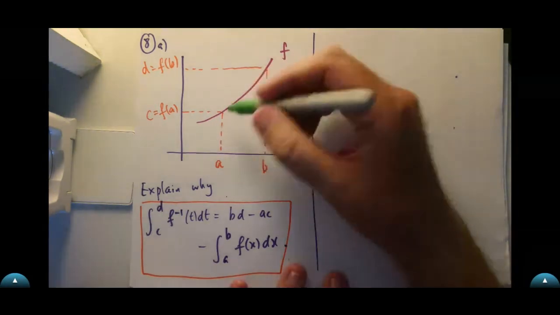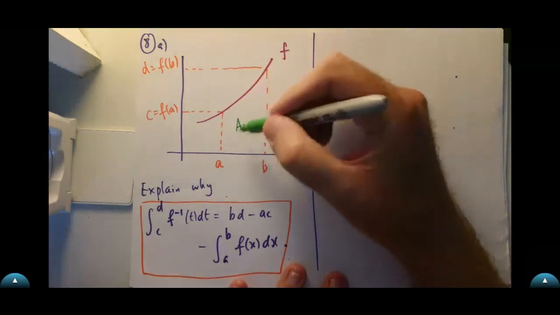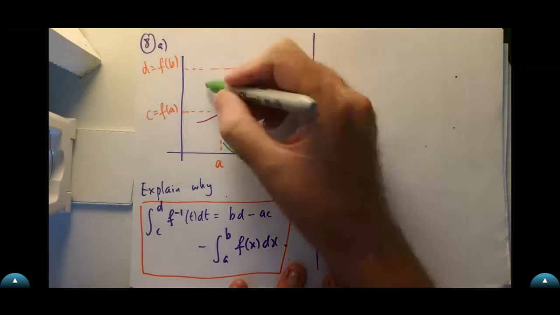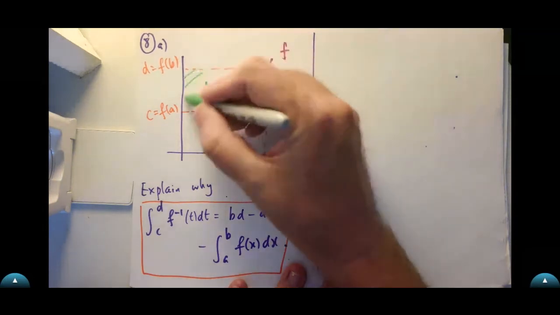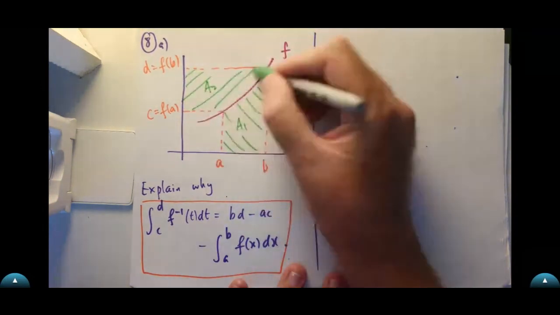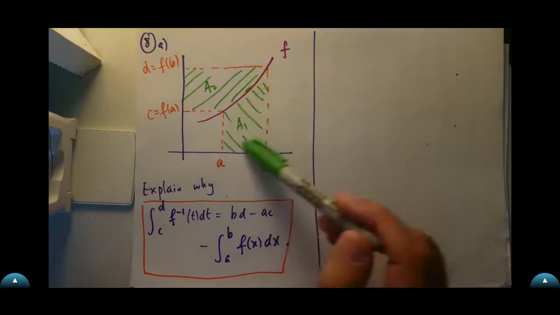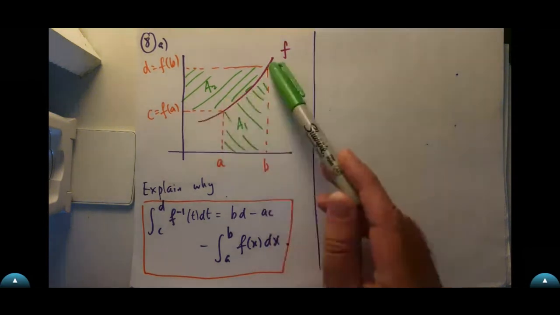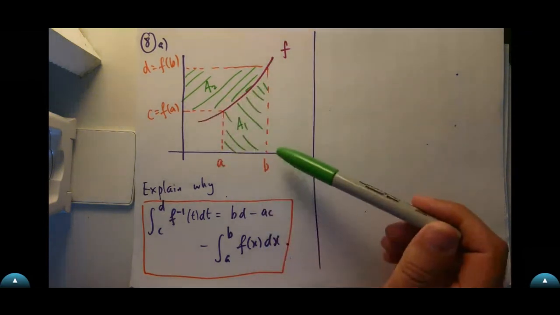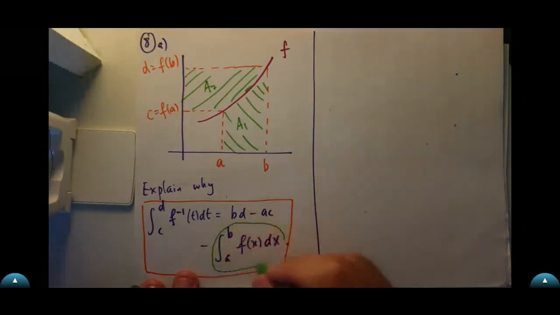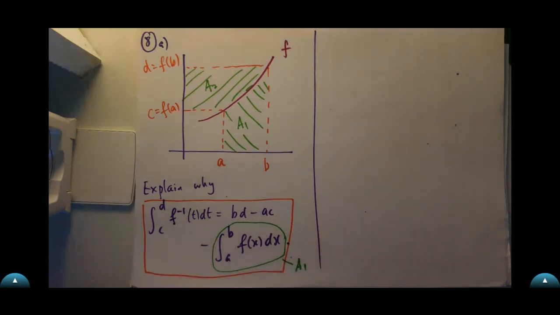I'm just going to color in, let's say this is area 1 or region 1, and this is going to be area 2 or region 2. Now, that area is the area under the curve and above the axis, right? So this thing will give you the area of A1.